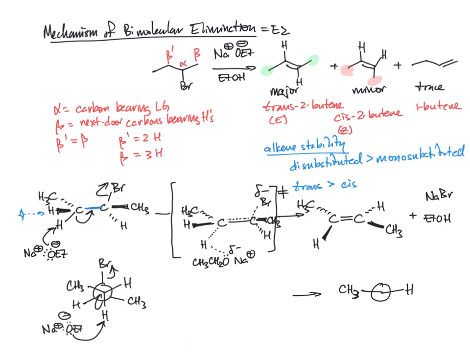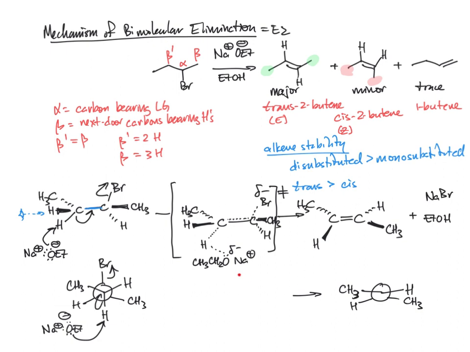You have to retain those orientations of the substituents. So that would be a Newman representation if you were looking down the C-C pi bond axis. So you see that those substituents are trans.